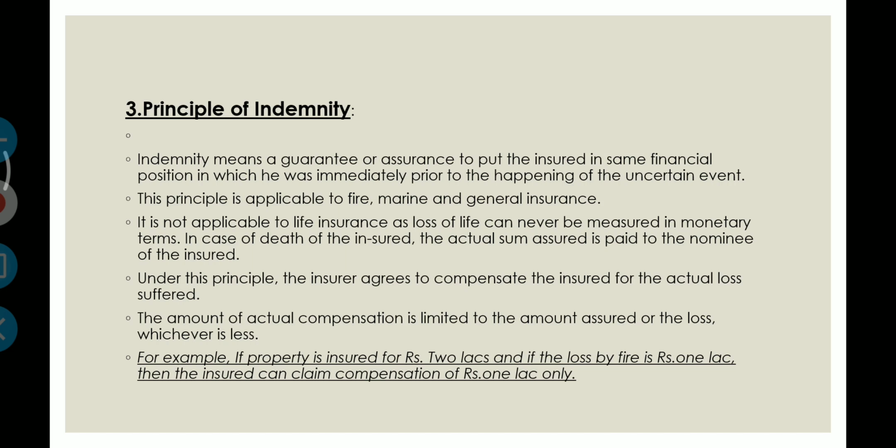The insurance company is giving me the exact amount of loss so that I am indemnified. I go back to the same position where I was. A person cannot make profit out of insurance. If I have a loss of 2 lakhs, I'll be receiving only 2 lakhs. I won't be receiving 3 lakhs. Why? Because I have not suffered a loss of 3 lakhs.